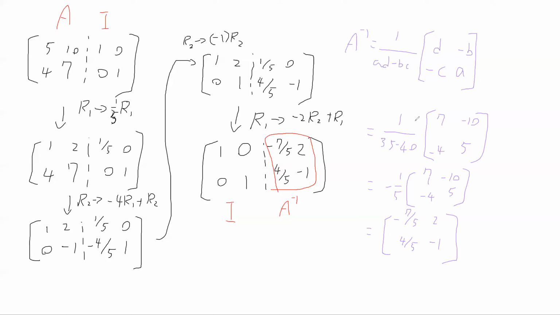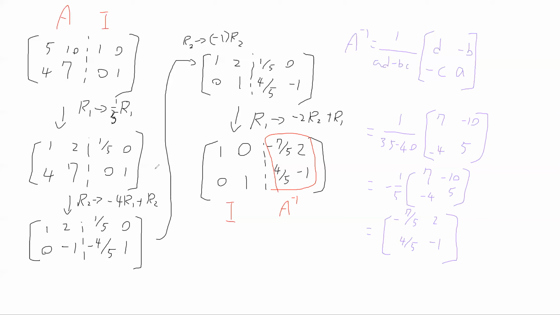So for a 2 by 2, it's much faster to do it using the formula from theorem 4, right? But of course, this process here of finding the inverse works on a 3 by 3 matrix, works on a 4 by 4 matrix. Now, of course, given the computers nowadays, we can actually go up to probably like a 100 by 100 matrix to find the inverse using a computer.